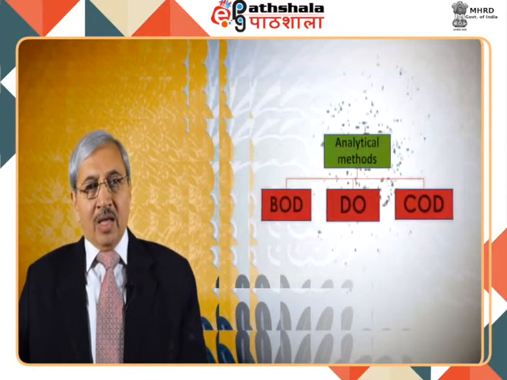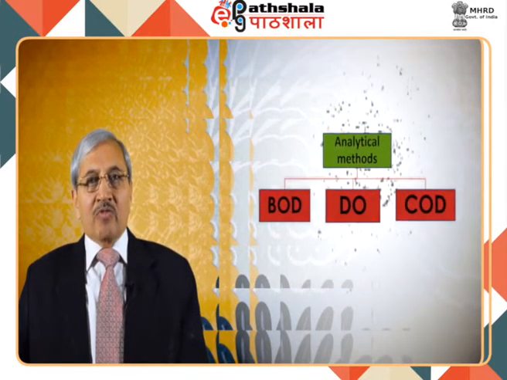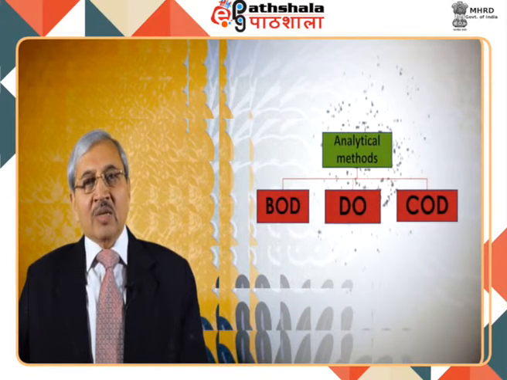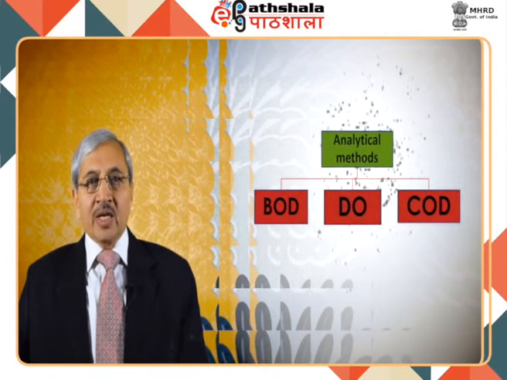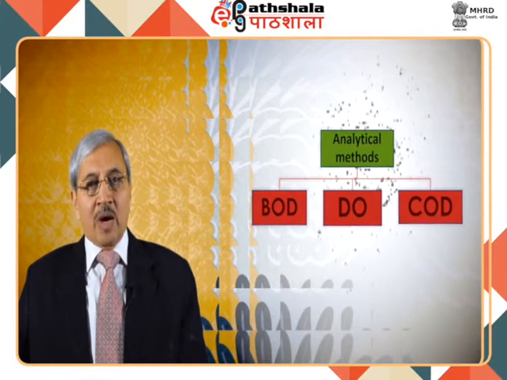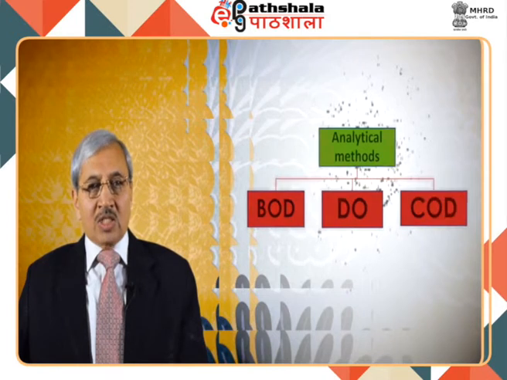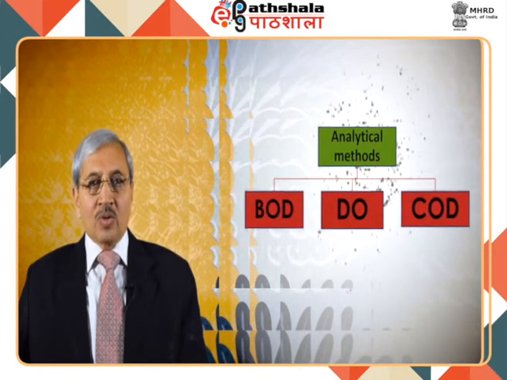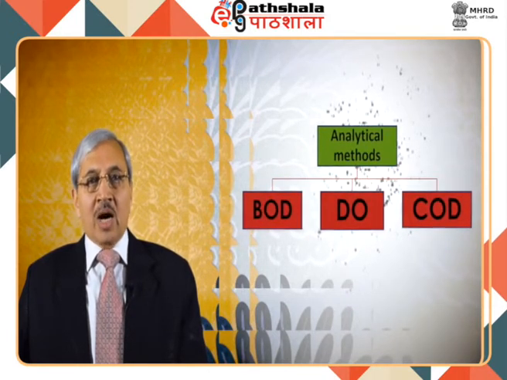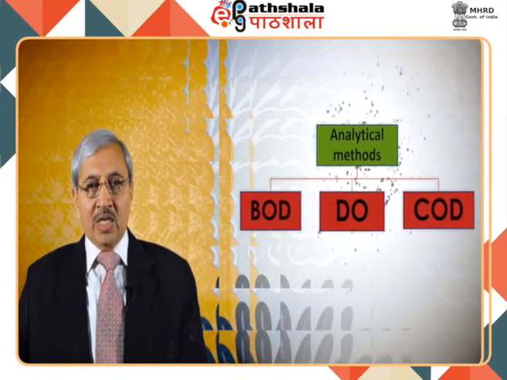In this paper, we will discuss the analytical methods for measuring biological oxygen demand, that is BOD, dissolved oxygen, that is DO, chemical oxygen demand, that is COD, and the chlorine demand.